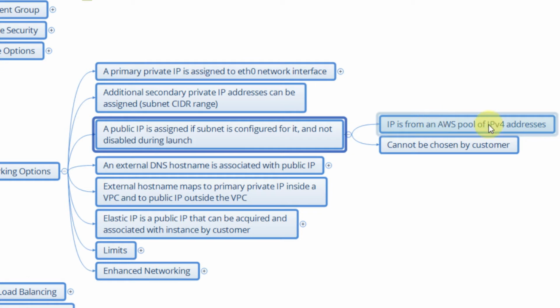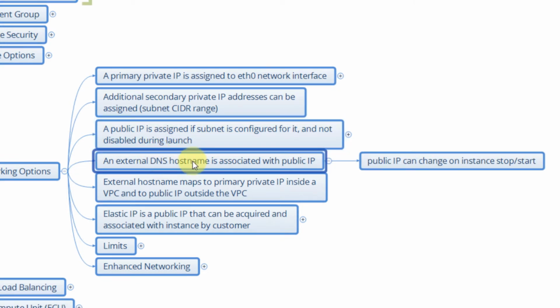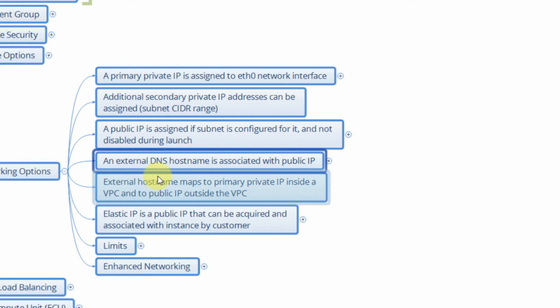This public IP is from an AWS pool, and the customer cannot choose a specific IP. AWS associates an external DNS hostname with a public IP. Please keep in mind that when you stop and start an instance, the public IP can change. When you resolve an external hostname inside a VPC, it resolves to a private IP address.